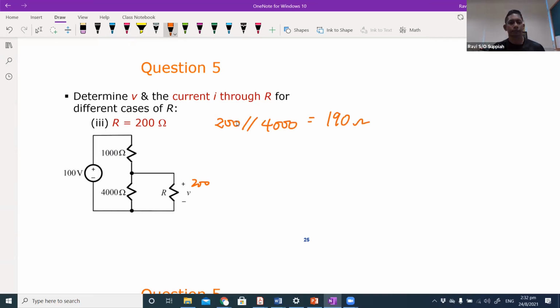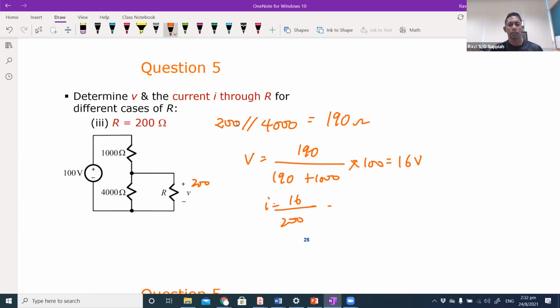Then the effective voltage will be 190 over 190 plus 1,000 times 100 volt, which will give me 16 volts over here. And the current would be 16 by 200, 80 milliampere.